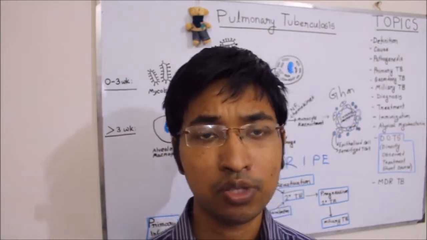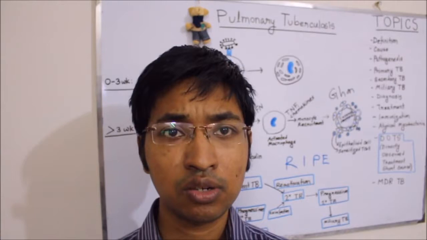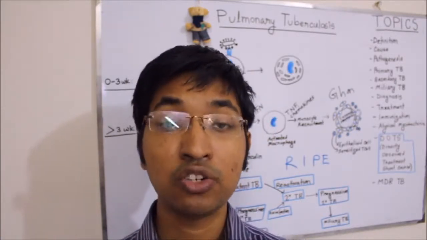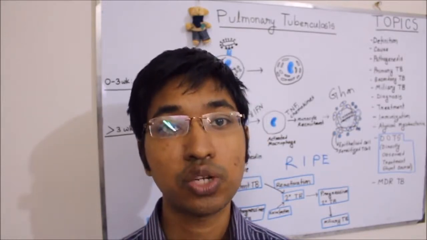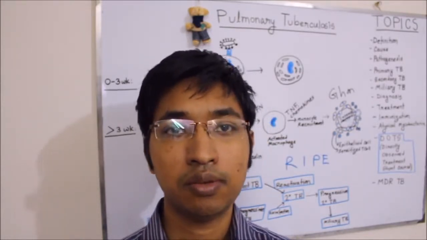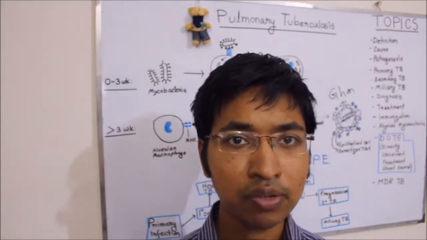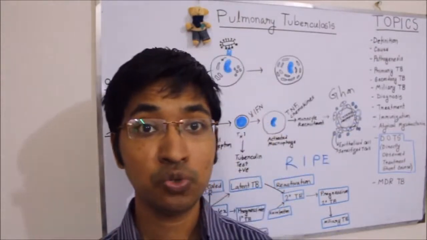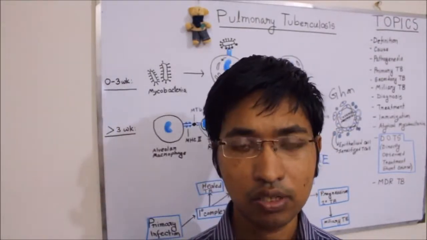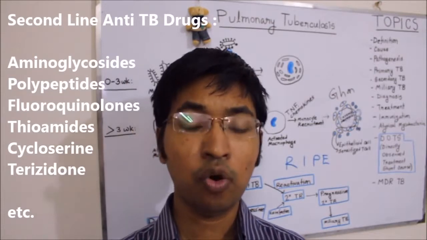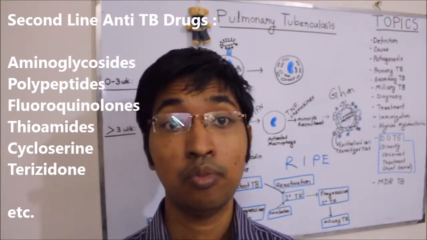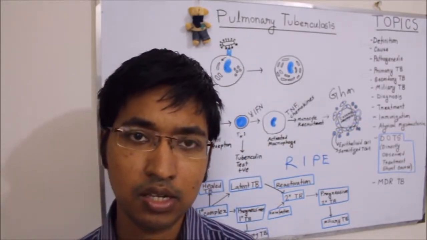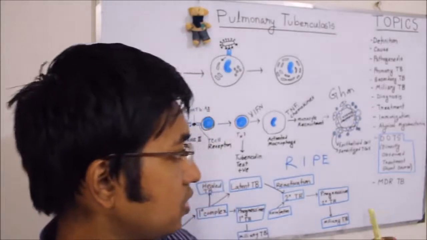The resistance develops if the treatment was interrupted midway, or in cases where the drug dose was insufficient to kill 100% of bacteria. Now, treatment for multi-drug resistant TB is available. However, here we will use second-line anti-TB medications that are more expensive and that have more adverse effects compared to the first-line anti-TB medications. So that is in short about multi-drug resistant TB.